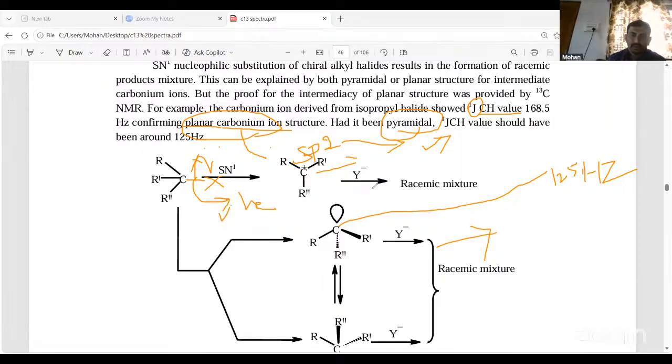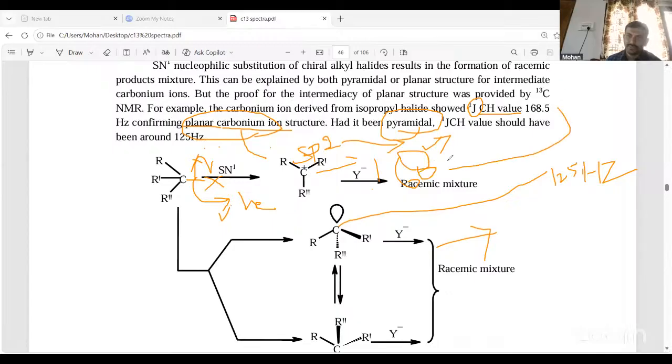So for this pyramidal carbon, the J value is showing 125 hertz, and if it exists in the planar structure, the C13 J value observed is 168 hertz here. And, for example, if it exists in the planar structure, you will get the racemic mixture, right?